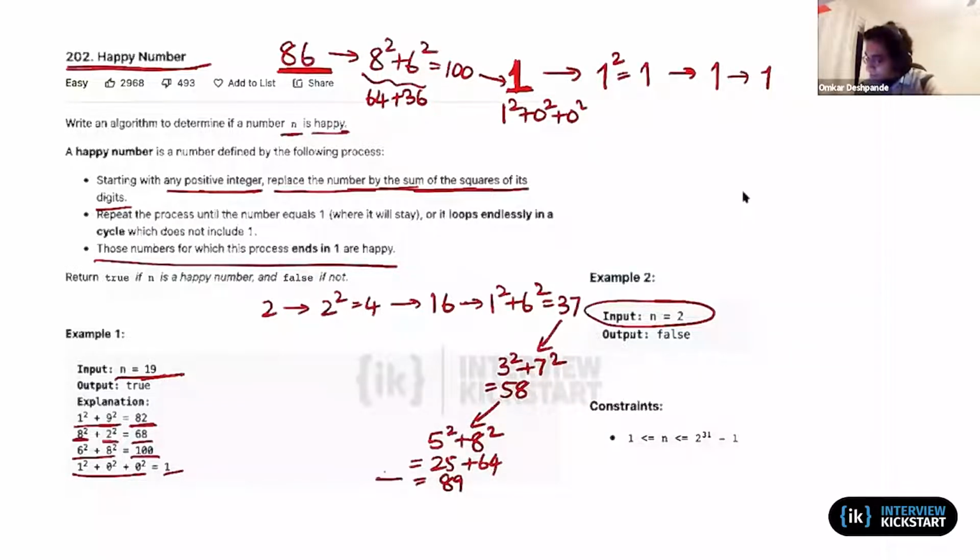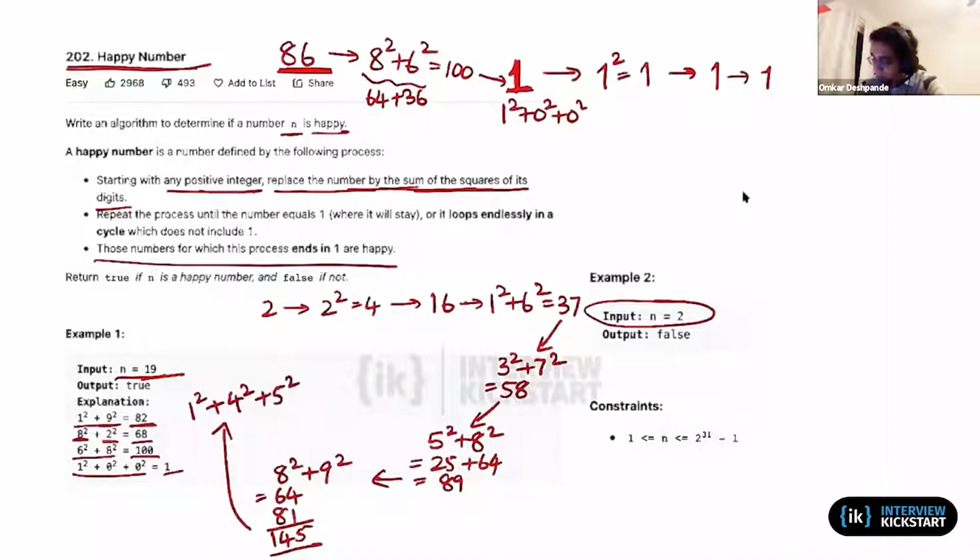Then the next number generated from 89 will be 8 squared plus 9 squared, which is 64 plus 81, which is 145. Then the next number from that will be 1 squared plus 4 squared plus 5 squared.